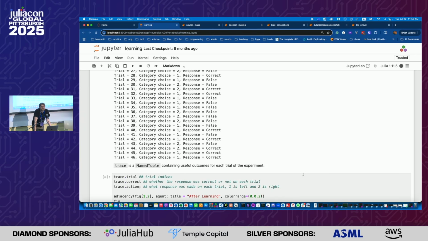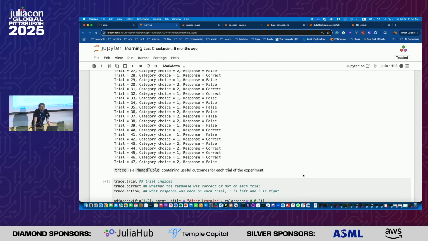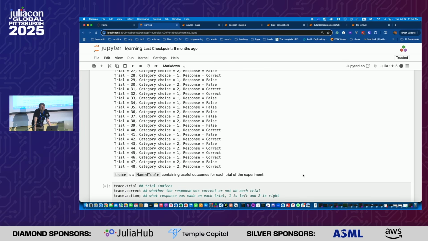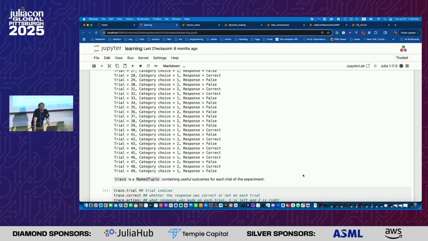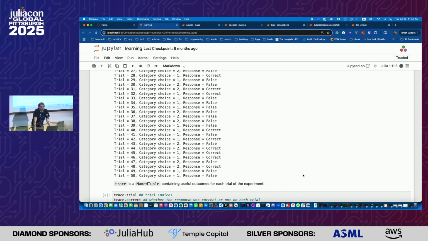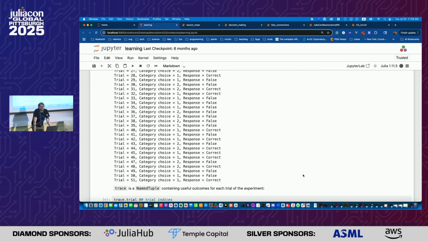So with the classification environment and the agent, when there's a successful response, like a correct response, it's kind of manually allowing the weights to change. That's not necessarily exactly how the brain would do it, right?